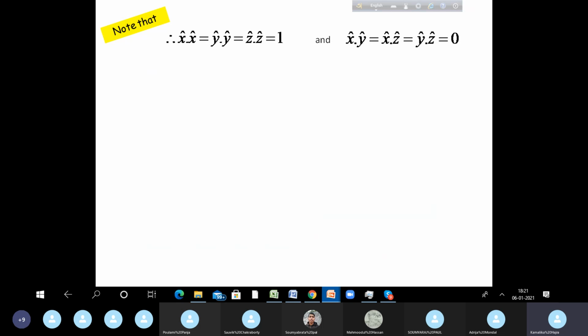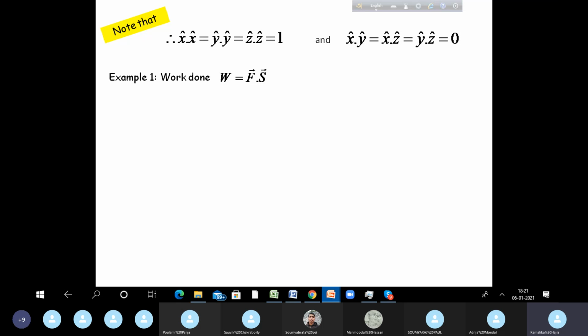Whereas since the coordinate axes are mutually orthogonal, x cap dot y cap equals x cap dot z cap equals y cap dot z cap equals 0. So the dot product of the unit vectors amongst themselves is 0, whereas the dot product of the unit vectors with themselves is equal to 1. This again shows that the unit vectors are perpendicular to each other.